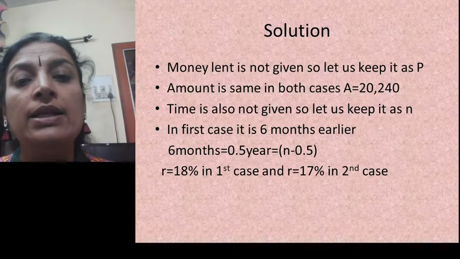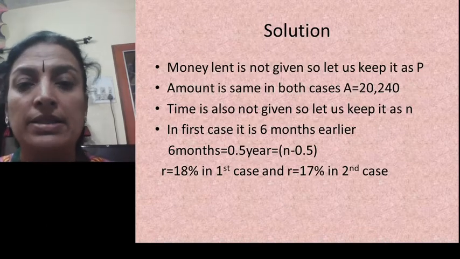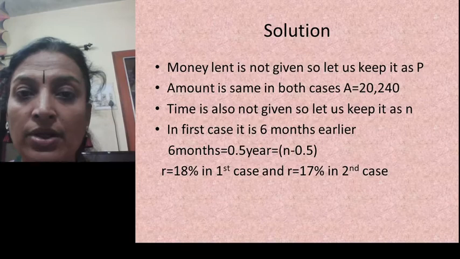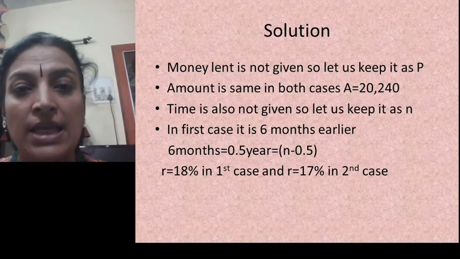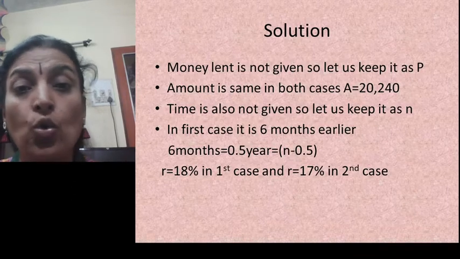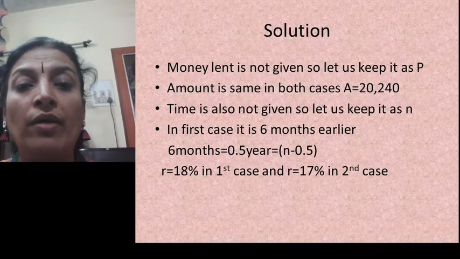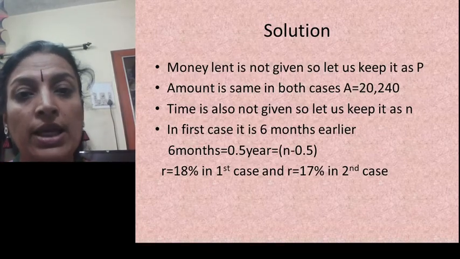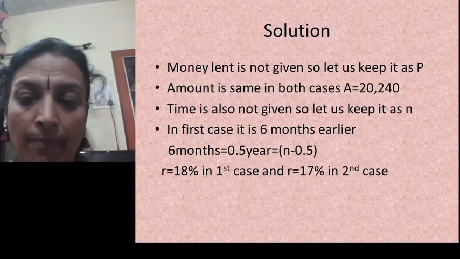R is to be considered 17% and 18%. N has to be considered in the later case as N, and in the earlier case, it is 6 months earlier, so N minus 0.5.